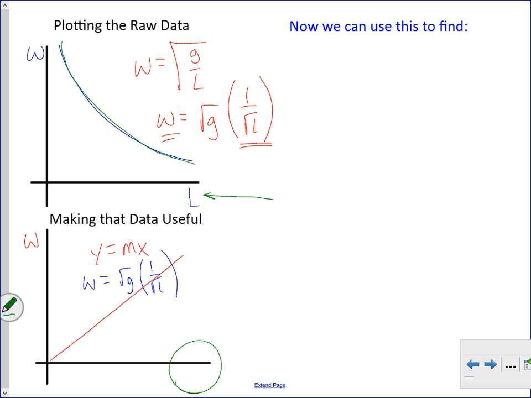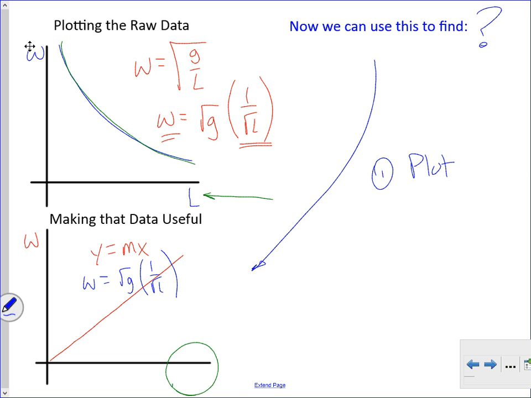Everything you need to know is written on this slide. What goes here? And the question is, what can you now use this graph to find? You can use it to make an experimental determination of something interesting. So one, plot.